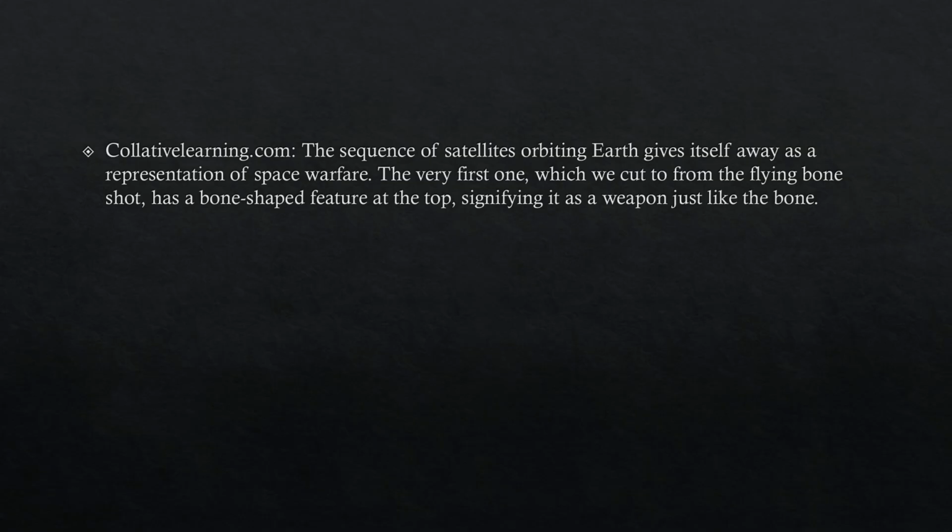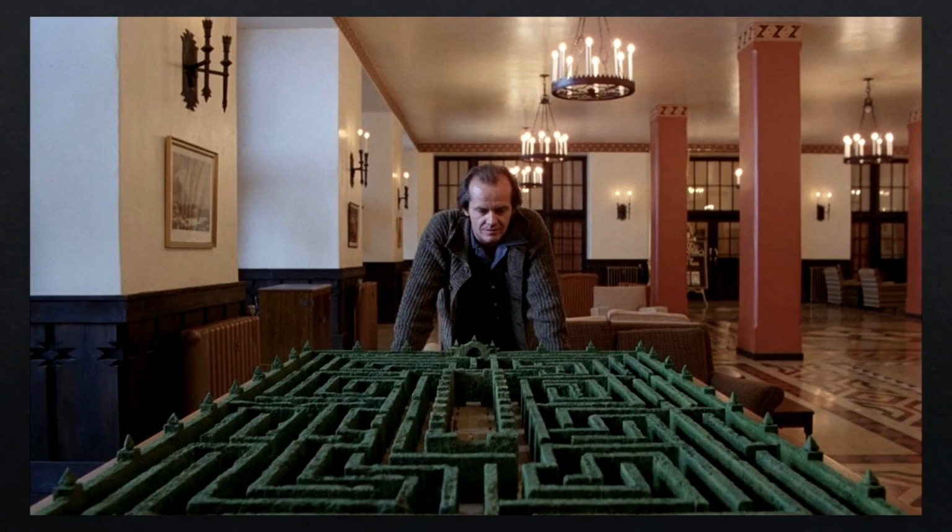Now, Kubrick uses a similar style in The Shining, but the main example I can think of is the scene in which Jack is looking at the maze, or the diagram of the maze inside the Overlook Hotel.